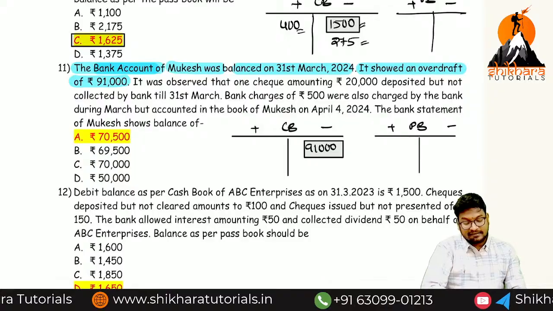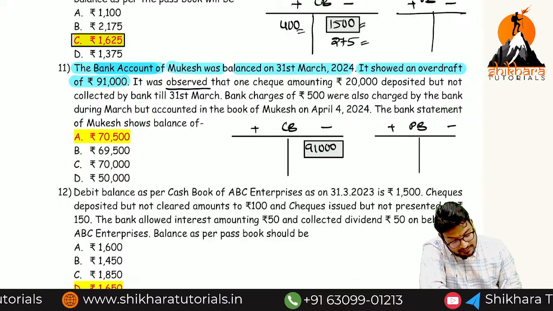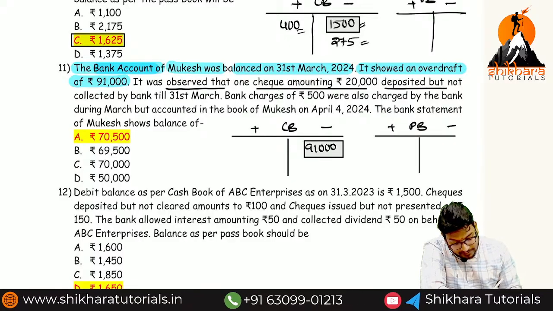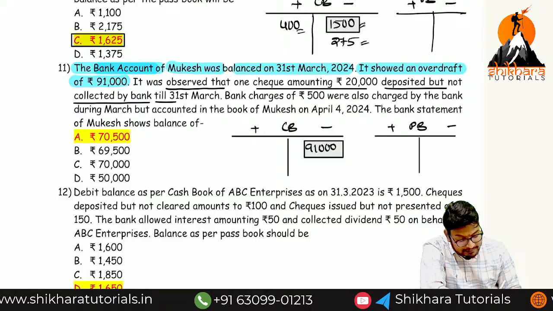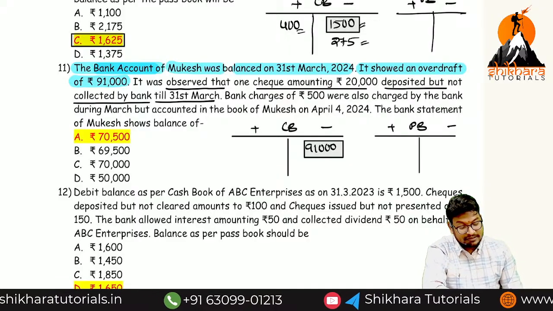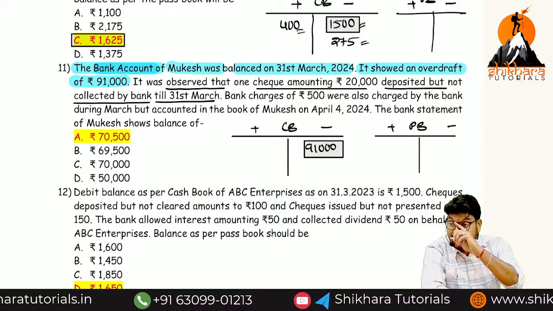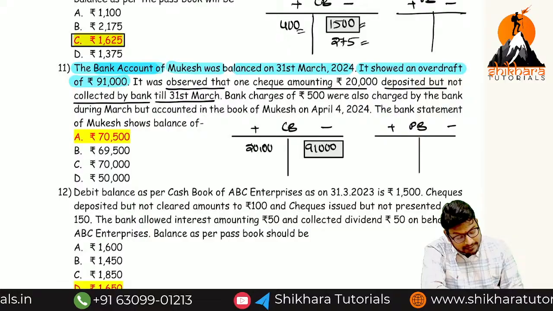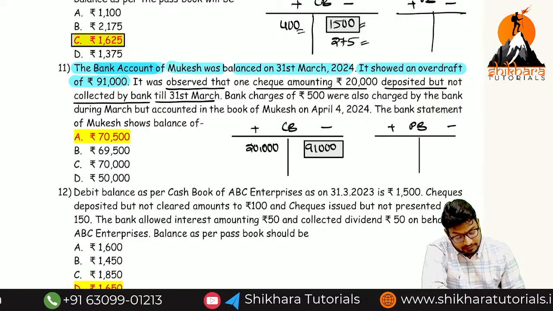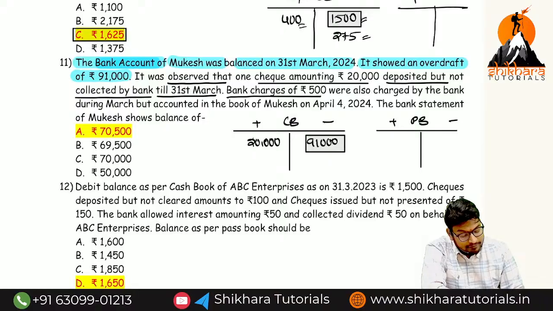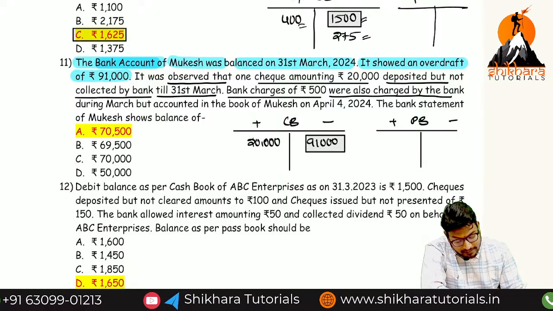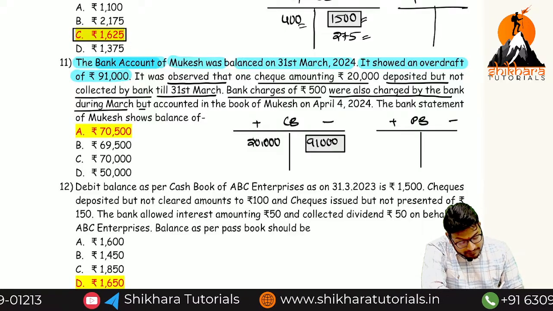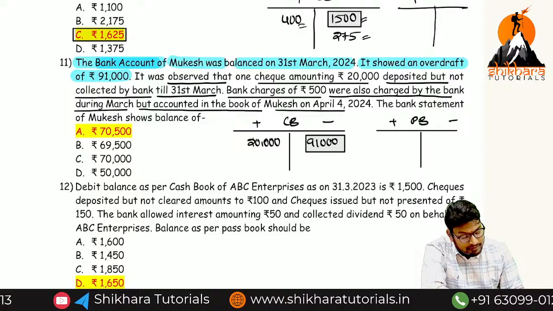Now what is happening here? It was observed that one check amounting to 20,000 was deposited but not collected by the bank until 31st March. Deposited but not collected means which side do we record in the cash book? The debit side, 20,000. Next, bank charges of rupees 500 were also charged by the bank during March, but accounted in the books of Mukesh in April.